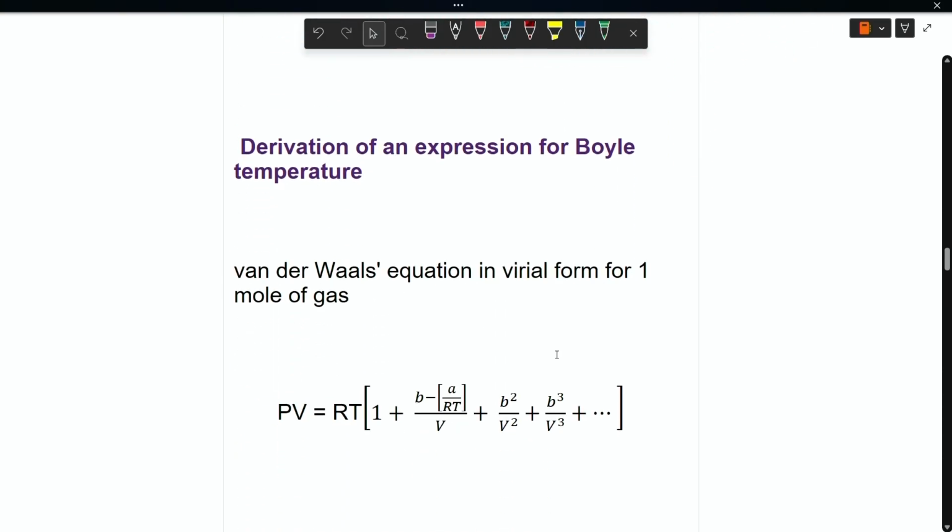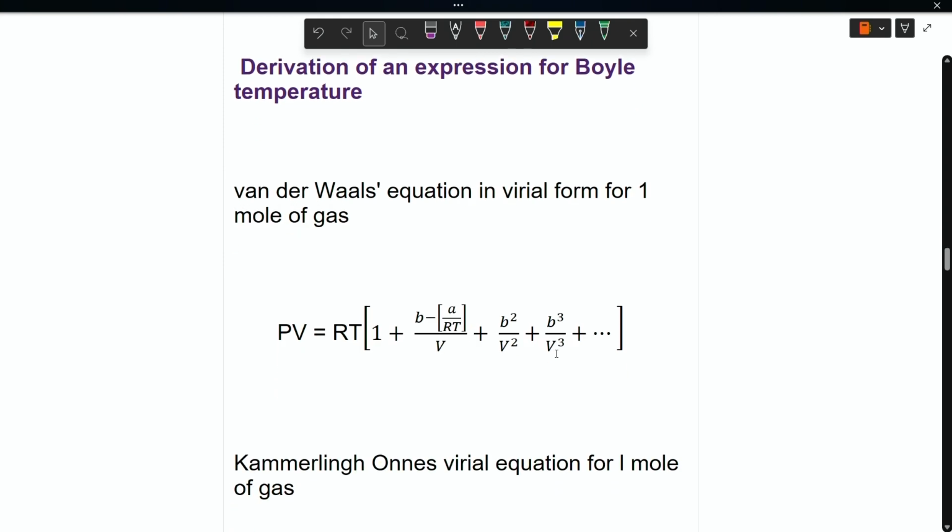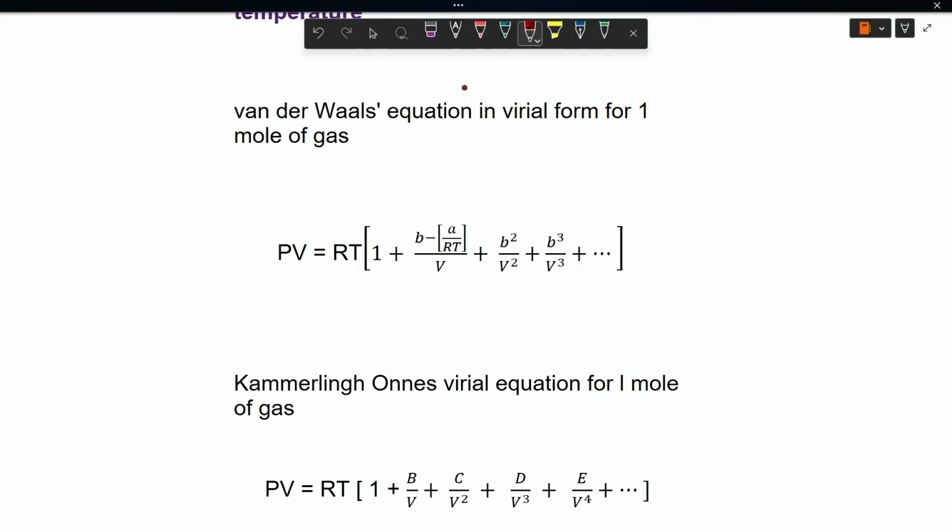Next is derivation of Boyle temperature. Now, how do we do that? First, we will have to consider the van der Waals equation for 1 mole of a gas in the virial form. That is PV is equal to RT into 1 plus B minus A by RT by V plus B square by V square plus B cube by V cube and so on.